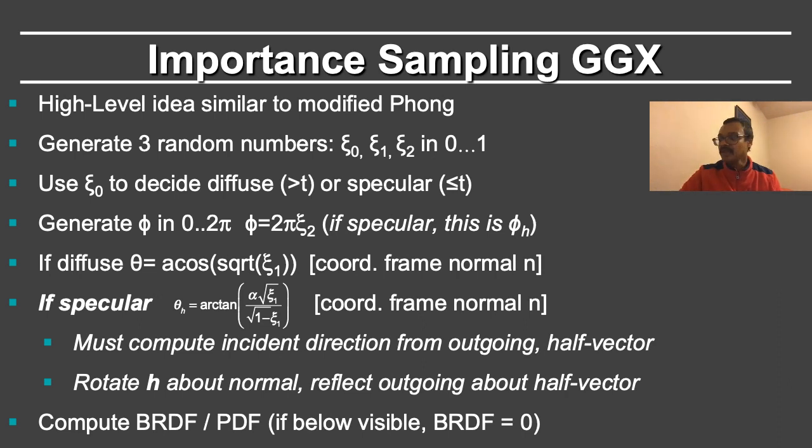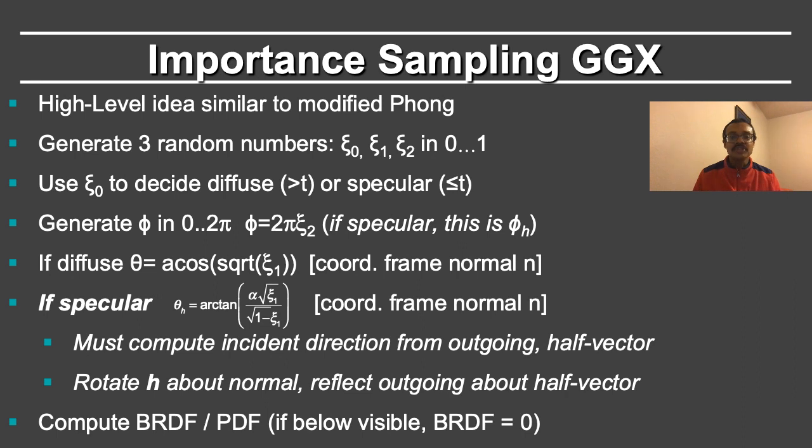If it is specular, you can show that this particular formula for theta half, for the half angle, is correct, involving alpha, which corresponds to the roughness in the GGX model, times the square root of xi1 divided by the square root of 1 minus xi1. Remember the coordinate frame rotations, so you need to apply the appropriate coordinate frame rotation corresponding to the surface normal or the surface orientation, in both cases for diffuse or specular. In the specular case, you must also compute the incident direction from the outgoing direction and the half vector.